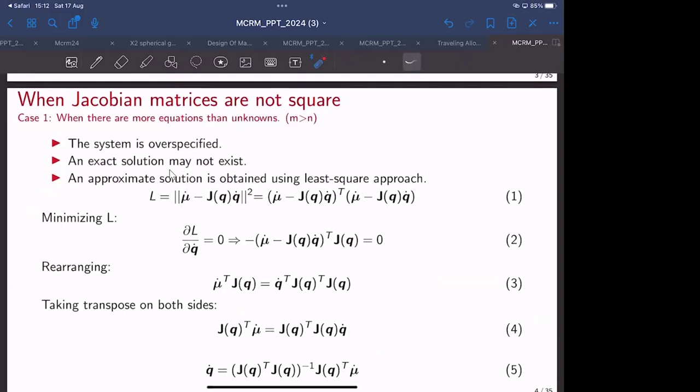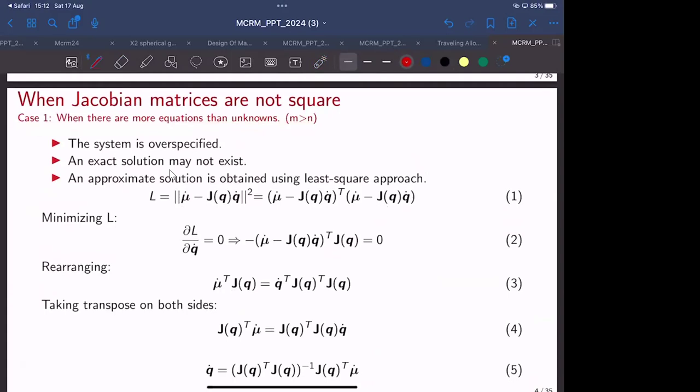So the first case is when there are more equations than there are unknowns. I'll write it down: when there are more equations to be controlled.